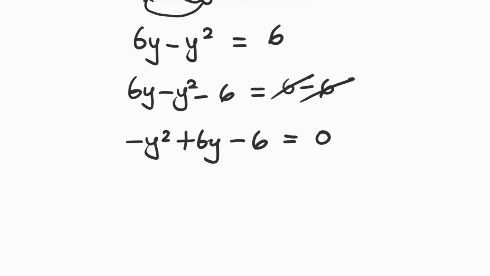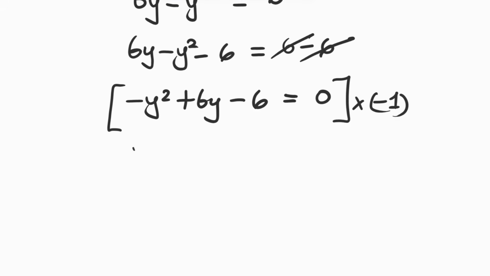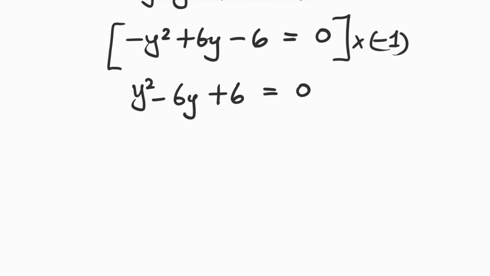Now to make the y squared positive, we have to multiply left and right side by minus 1. So now this becomes y squared minus 6y plus 6 equals 0.